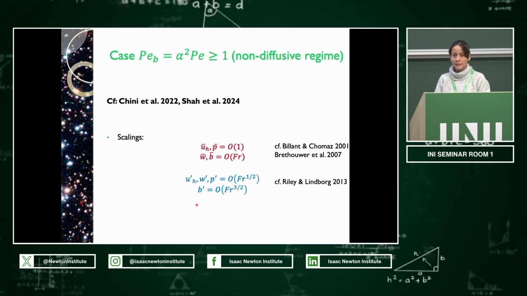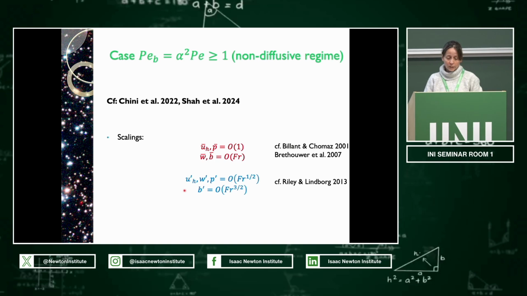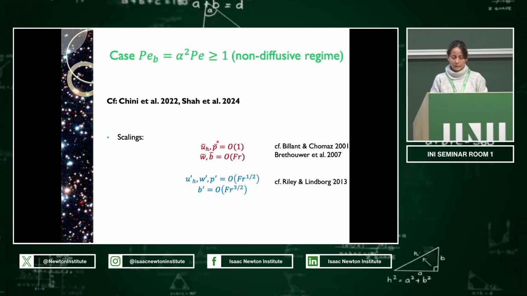What's interesting is the small scales have a different scaling law, and we find that the horizontal velocity, the vertical velocity, and the pressure on the small scales are of order Froude to the half, and the buoyancy field is of order Froude to the 3/2. And this was already intuited by Riley and Lindborg in 2013, but this analysis really demonstrates that this emerges naturally from this asymptotic multiscale analysis.